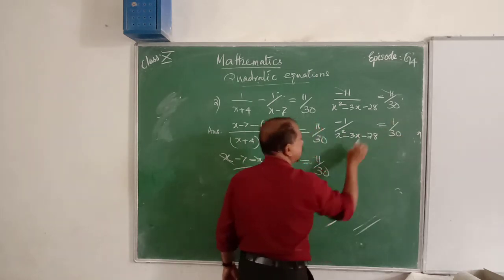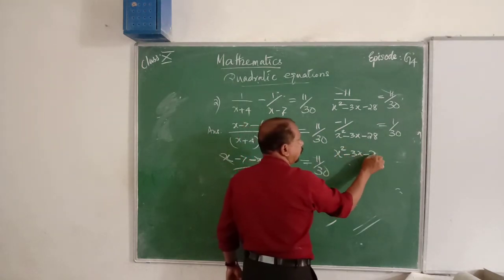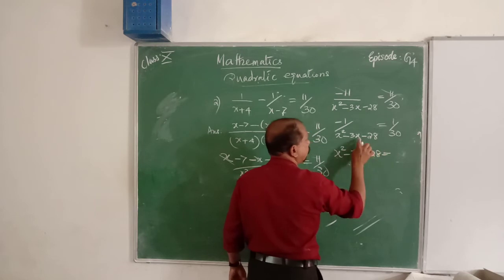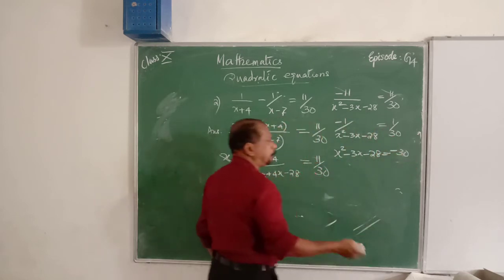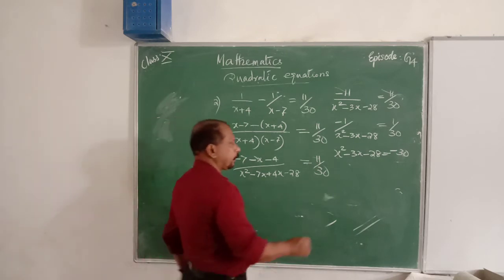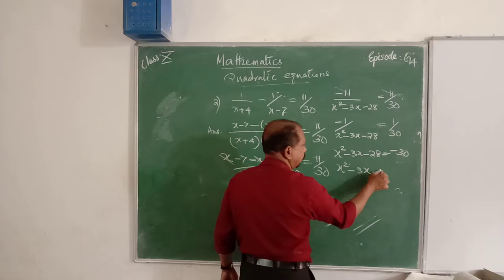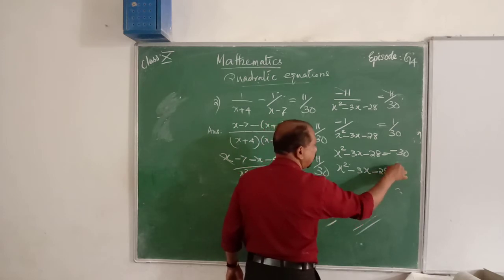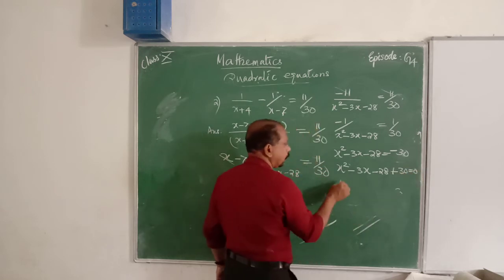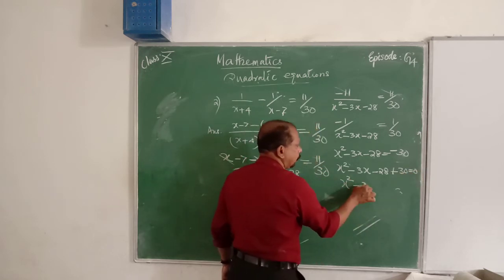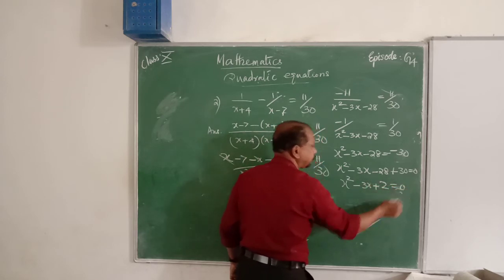Cross multiplication: x square minus 3x minus 28 is equal to 30 into minus 1, that is minus 30. Shifting to the left, x square minus 3x minus 28 plus 30 is equal to 0. That is x square minus 3x plus 2 is equal to 0.